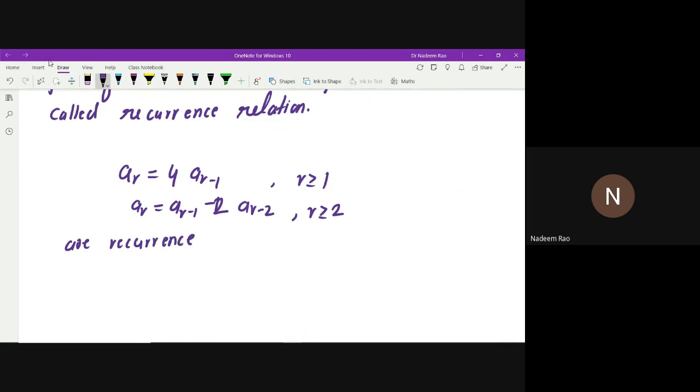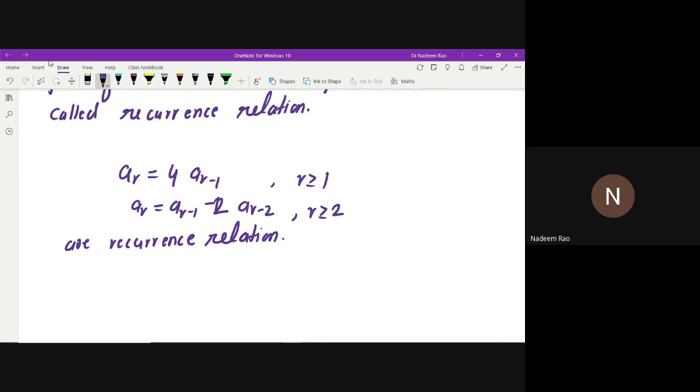So recurrence relations are very simple equations by which we relate the terms of any sequence in respect to the other terms of the sequence.